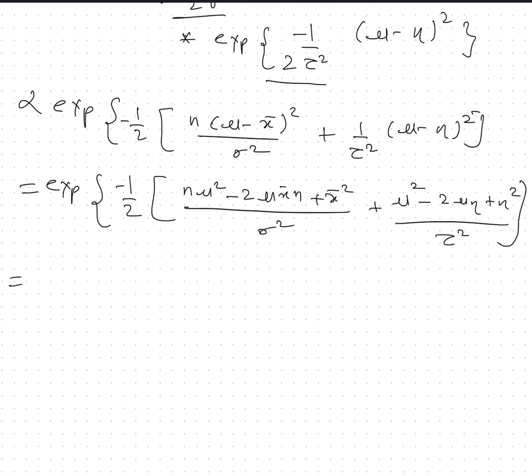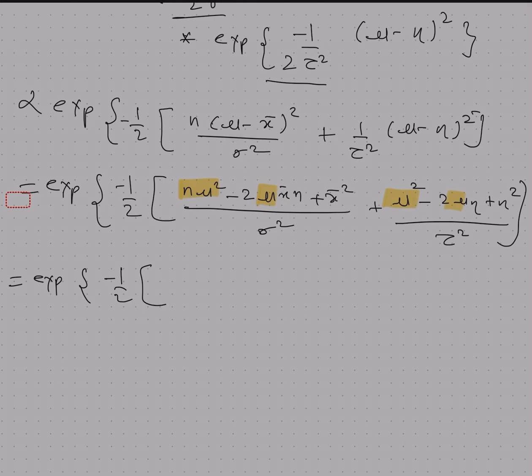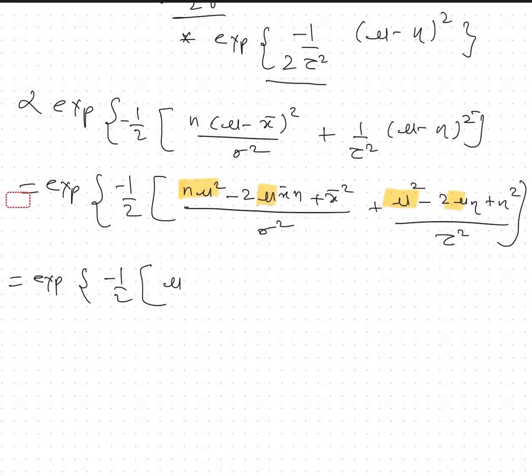Now taking the common term aside, that is exponential of minus 1 upon 2. So now we have common terms in mu and mu square, so we will take this term aside. Now we have mu square, and in brackets we have n upon sigma square plus 1 upon tau square.